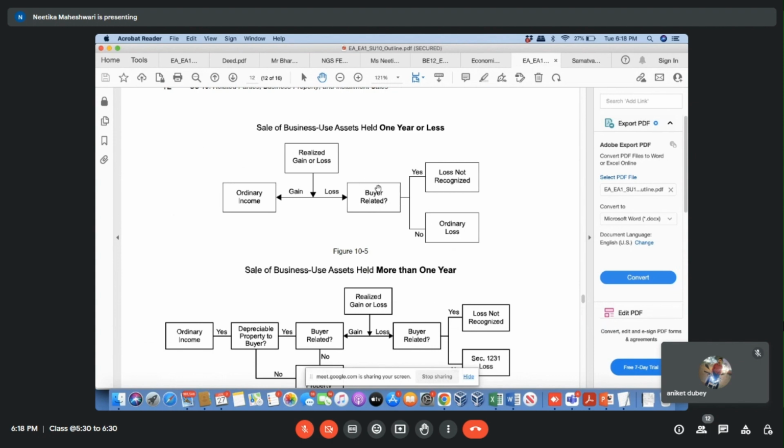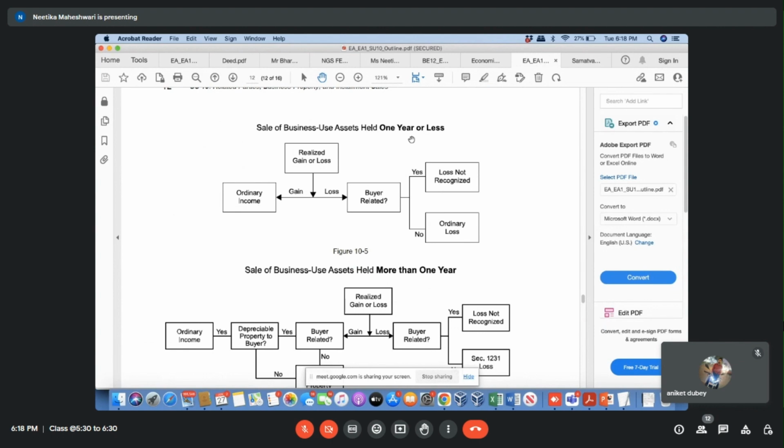Meaning buyer related, meaning it could be like an asset which was gifted or inherited and all. So it could be recognized, it could not be recognized. We have seen that if it's a related party, the loss was not recognized, or it could be taken as an ordinary loss if it's not, because it is held for 1 year or less. So it could be ordinary loss or it could be ordinary gain.